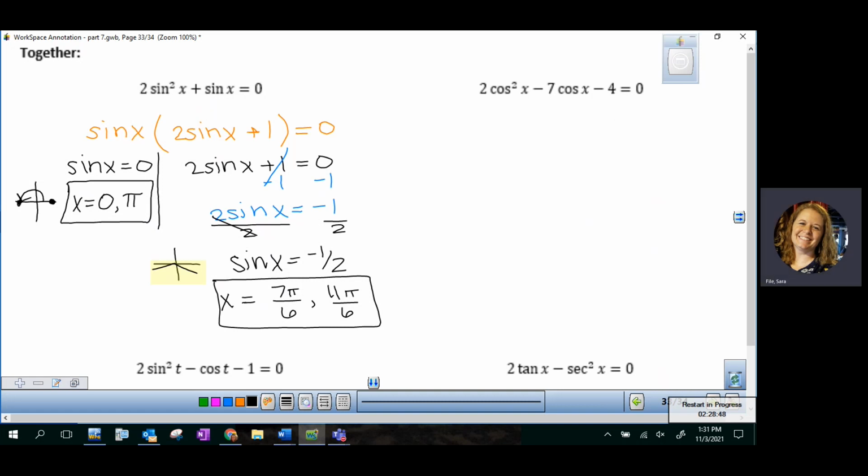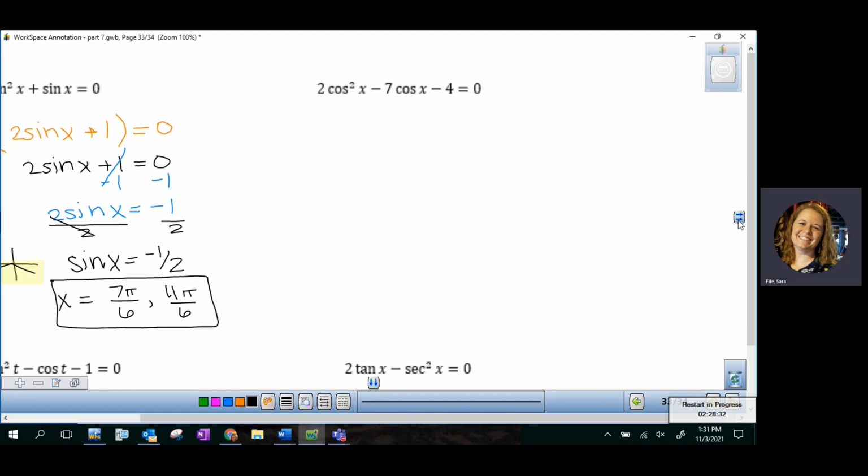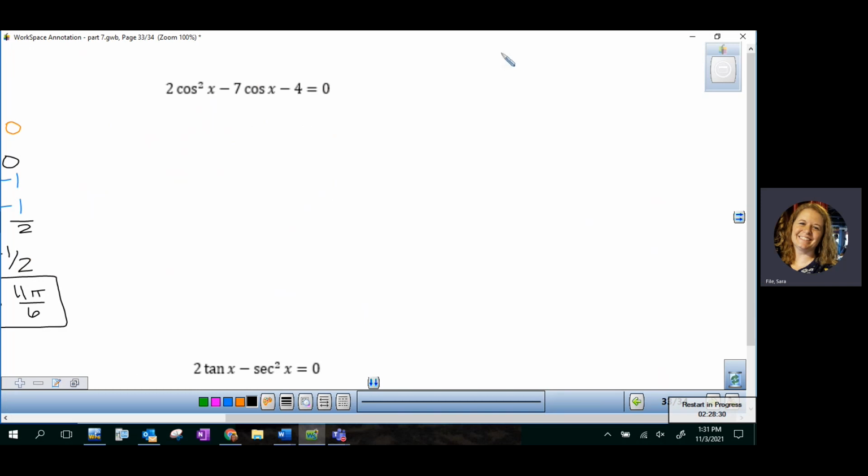Okay, but let's look here at this next one. This one's a little tougher. This is not GCF. This is quadratic form trinomial. Okay, you've got a cosine squared of x, cosine of x, and then a constant. If it helps you to visualize this, think of this with just x instead of x squared, and write it out that way to do your work.